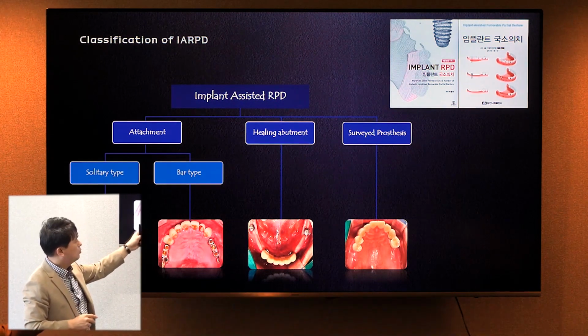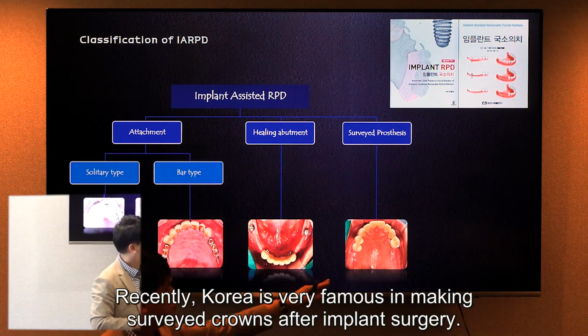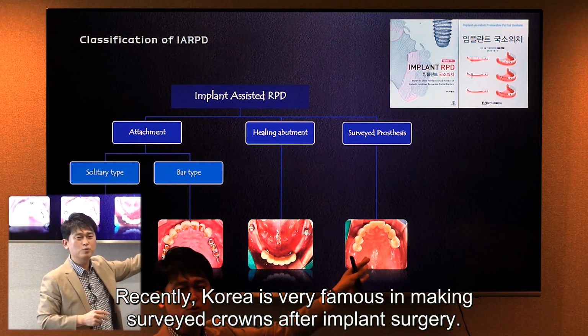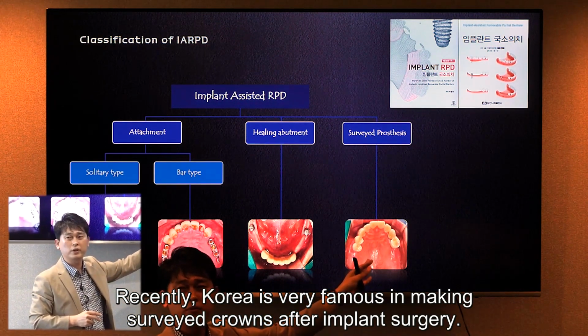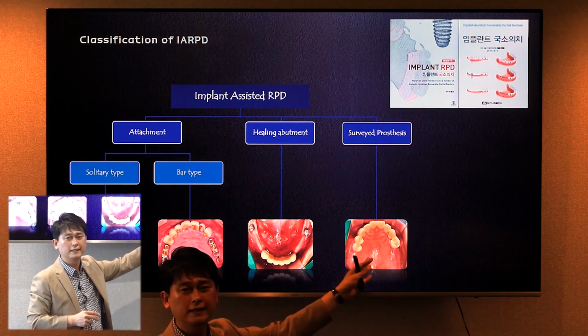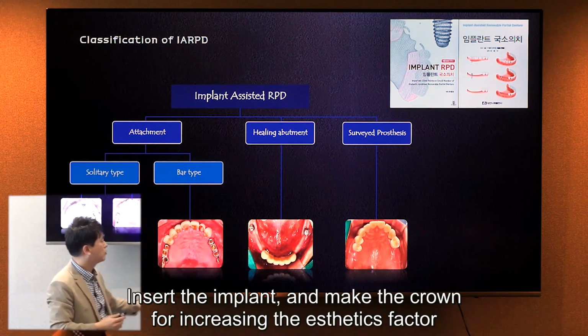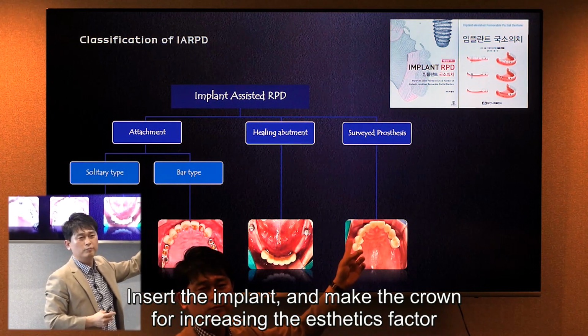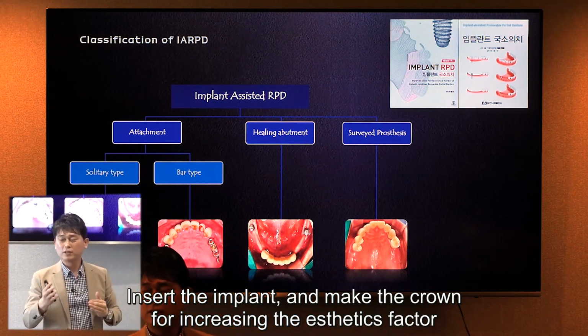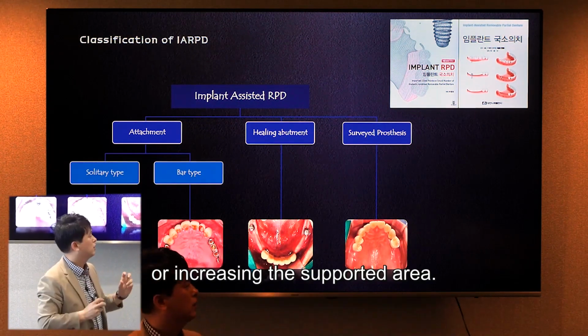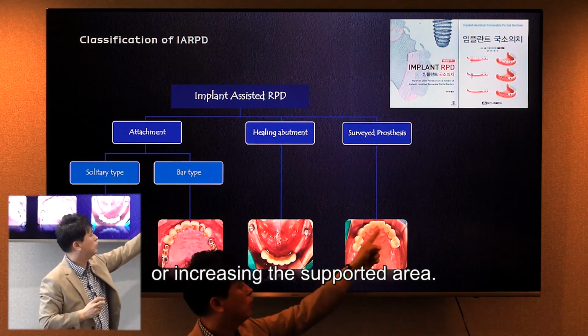Okay, so recently Korea is very famous for making the surveyed crown after implant surgery. Insert the implant and then make the crown for increasing the aesthetic factor, or to increase the supportive area.